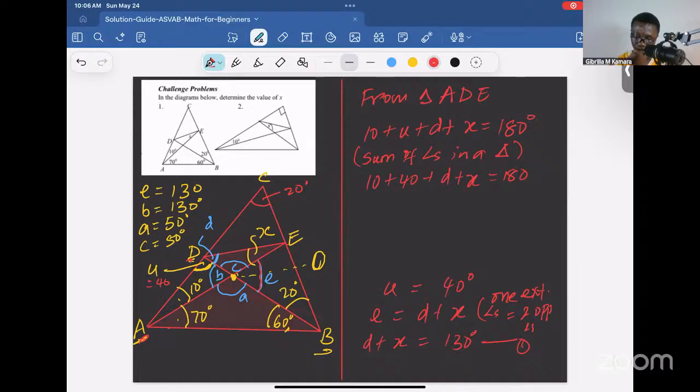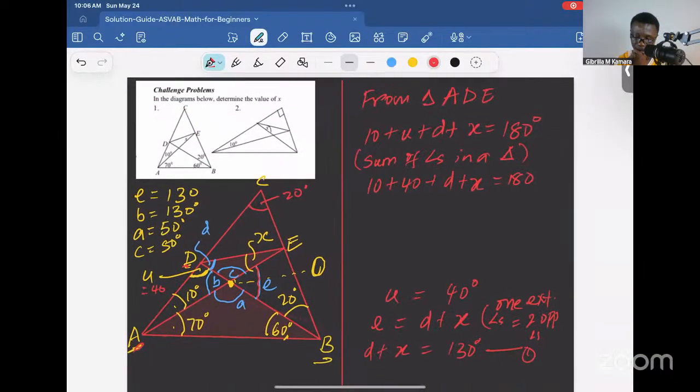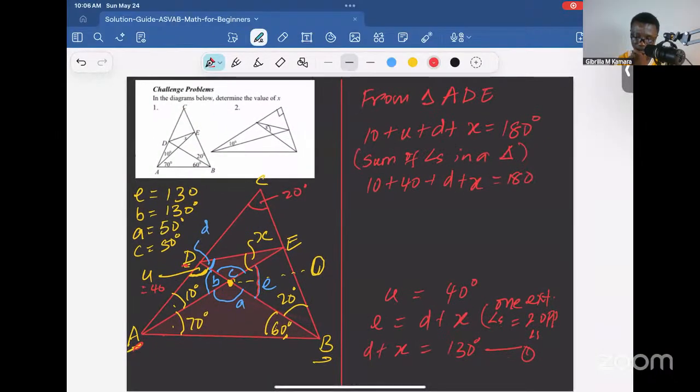If this is 20 and E is already 130, that's 150, then we can get this one as 30.